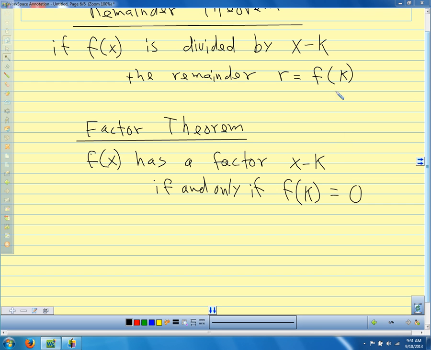The way we connect these two is we do long division, we do synthetic division. If the remainder is 0, then we have divided by a factor. So that's usually how we use the remainder theorem and the factor theorem. If our remainder is 0, we know we've divided by a factor.